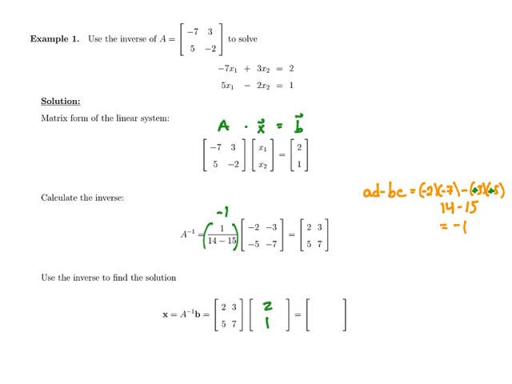So our solution will be 2 times 2 plus 3 times 1 is 7. And then 5 times 2 plus 7 times 1 is 17. And that is our one and only solution to the system. You can double check that by solving the system in a more familiar way by doing the row operations. It would take a longer time, but you would get the exact same thing out.